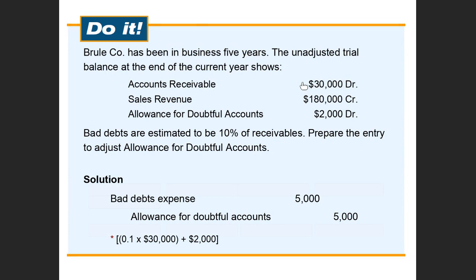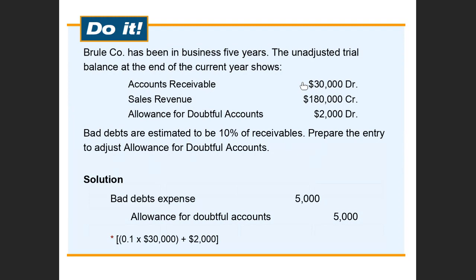Anyhow, the idea is this account must have a 10% amount of this accounts receivable. Follow? So this should be 3,000.